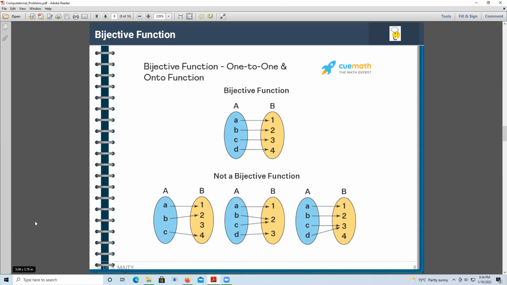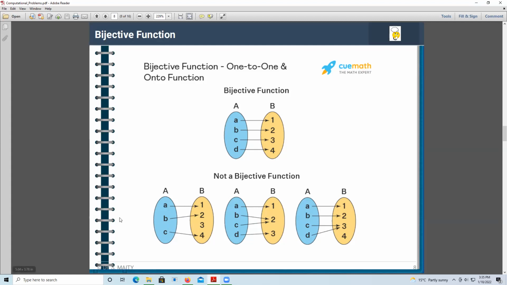Okay. Sir, in the first one, that is not a bijective function. In the domain, A has its image 1 in the codomain, and B has its image 2, but 3 does not have any pre-image in domain A, right? So if we want to reverse this function, then 1 will have its image A and 2 will have B, but 3 will not have any image.